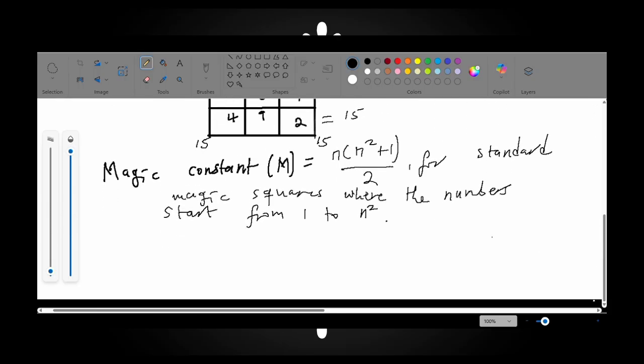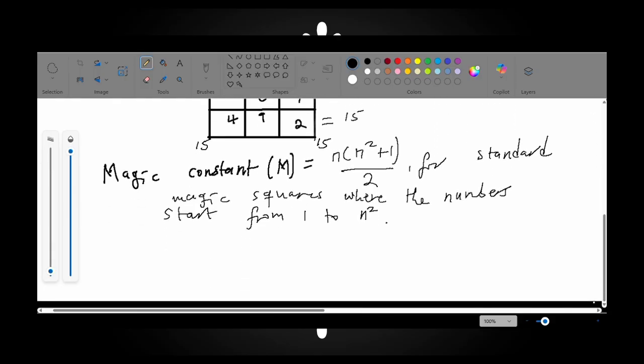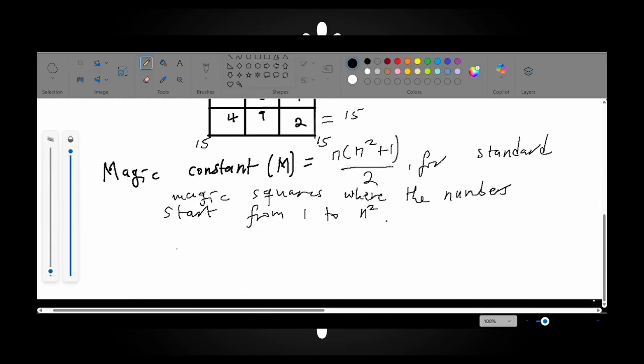And let us use the formula that we provided here to see if, assuming that we didn't know that 15 is going to be the sum, the formula will give us the same. Is it going to be true? So let us check that. The n that we have in this formula is the type of magic square that you are having.